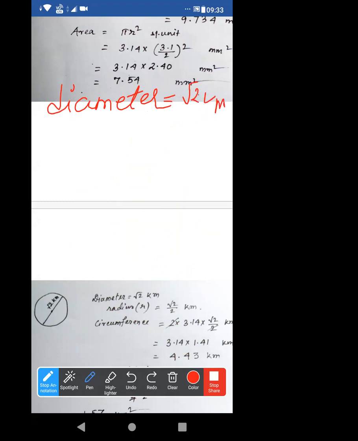Okay. So radius, just denote it by R, is equal to √2 by 2. Done. So up to this done, all of you?